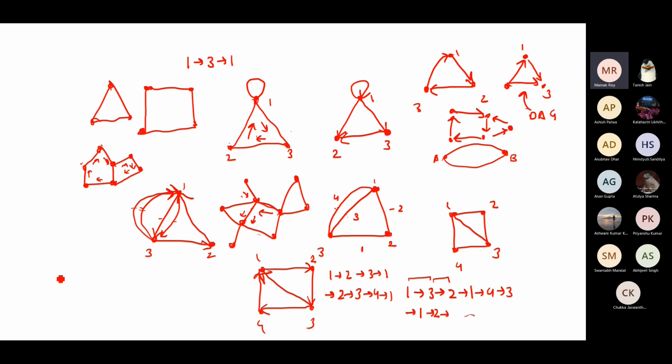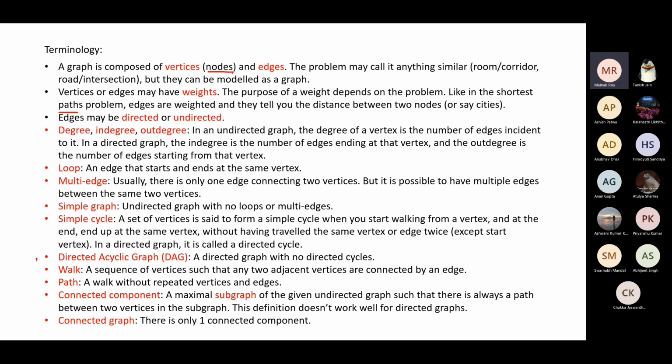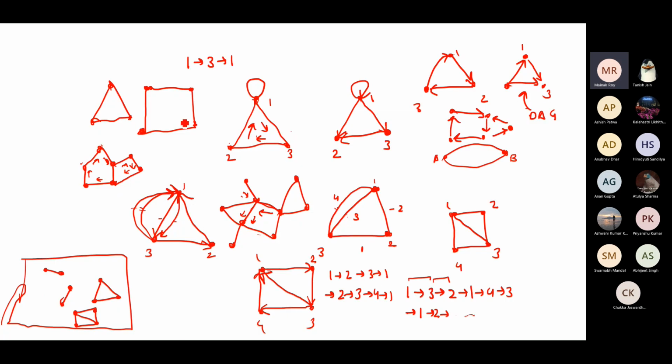So I'm just drawing a box here. Let's say we have a graph like this, like this, and like this also. I am not going to define subgraph very rigorously, but intuitively it is just a smaller part of a graph.